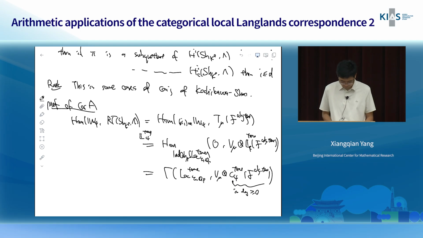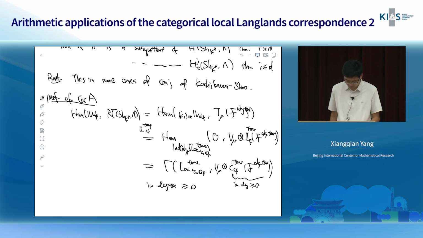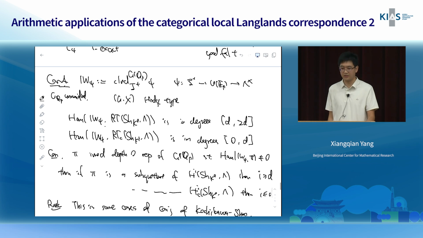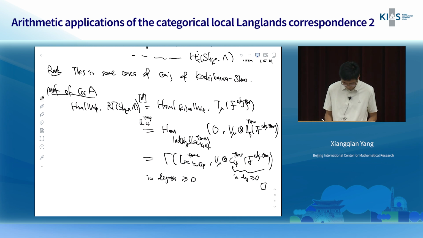Although it's in a different t-structure, it's still enough to show that this is in degree 0. Also, we had a shift here, so we get that this Hom is in degree greater than d. And the other one follows from duality.